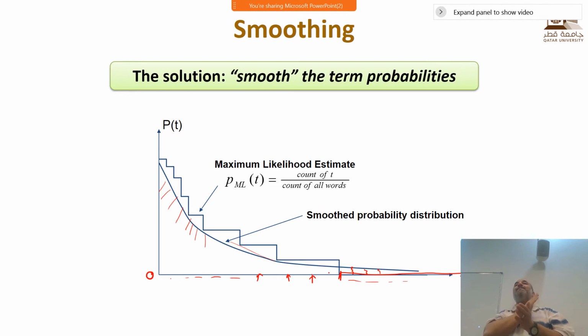By the way, there are many ways of smoothing. We will study two today and in the course in general, but there are so many ways of doing this smoothing. But this is the general idea: take part of the probability mass from the seen words and give it to the unseen words.